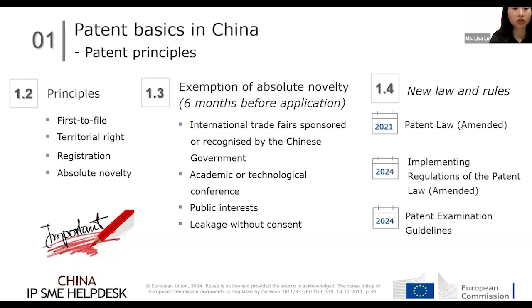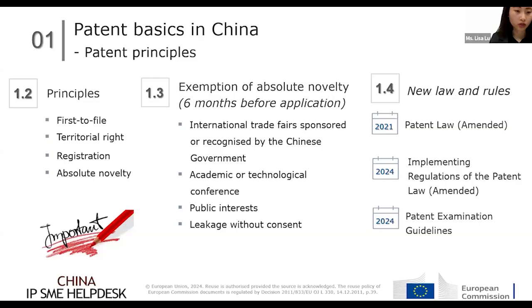It's possible to invalidate such a patent if you can provide that the owner is in bad faith. However, that will take a long time, and you have to spend a lot of money to do so. So if you have a patent and you plan to use that in China, you should consider to file your patent application as soon as possible.